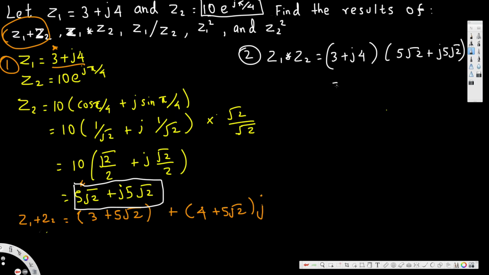If you multiply this one, 15 root 2 plus 20, and j square is minus, so this is going to be just minus 20 root 2. Okay, 15 root 2 minus 20 root 2.